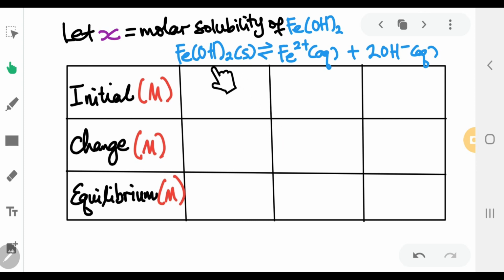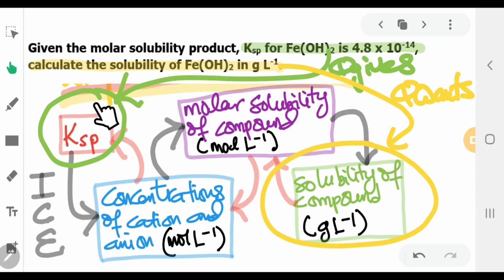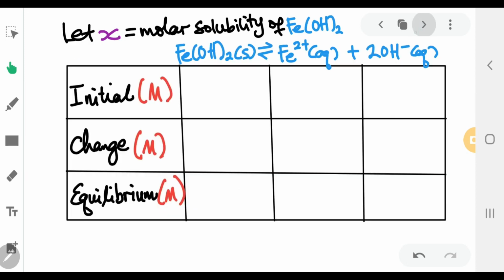Okay, so we're going to proceed with the construction of the ICE table. As we have seen here, from the Ksp that the question gives, if we are going to move towards solubility, we need to go through the concentrations of cation and anion first by using the ICE table. So this is the ICE table that we have. Remember, write down the balanced equilibrium equation on top. This is the balanced equilibrium equation.